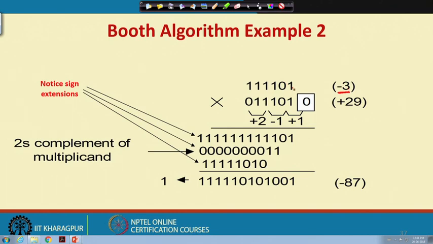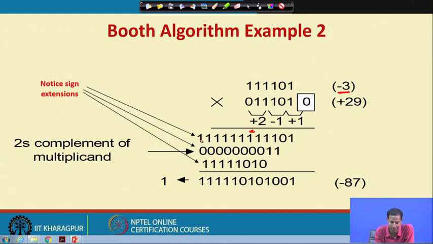Minus 3 means the 2's complement of that. As this is 0, this bit remains unchanged, so the corresponding decoding will remain the same. Decoding remains the same, but for minus 3, as this bit is 1, that has been extended up to this.